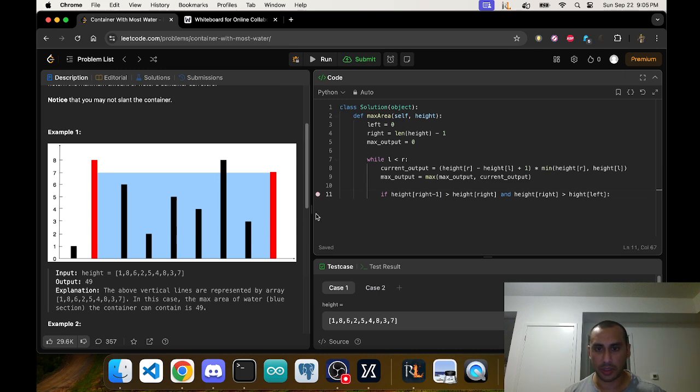So right minus 1 is this. So this is greater. Okay, so this is a little bit of a tracing issue. I have to trace what I'm doing. So height right minus 1 is this. This value is greater than the current value, and yes, I do want to move it.